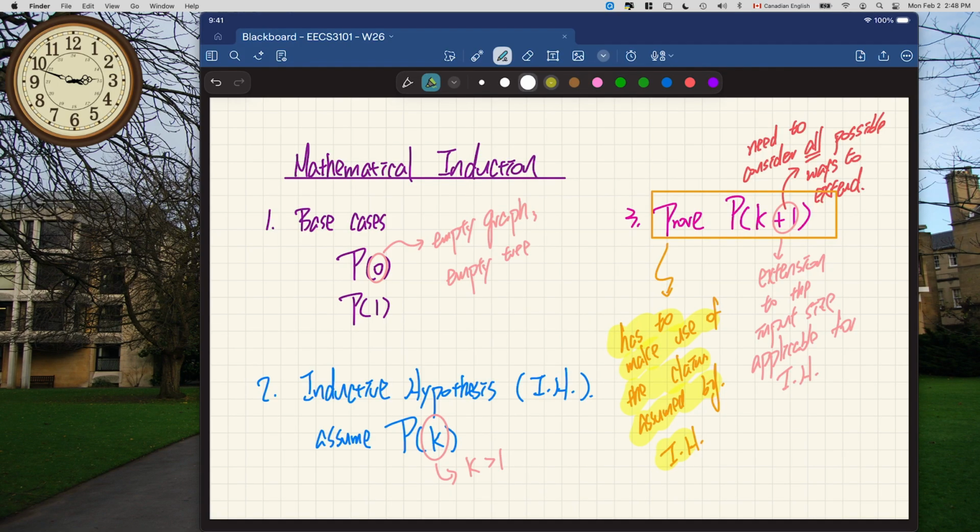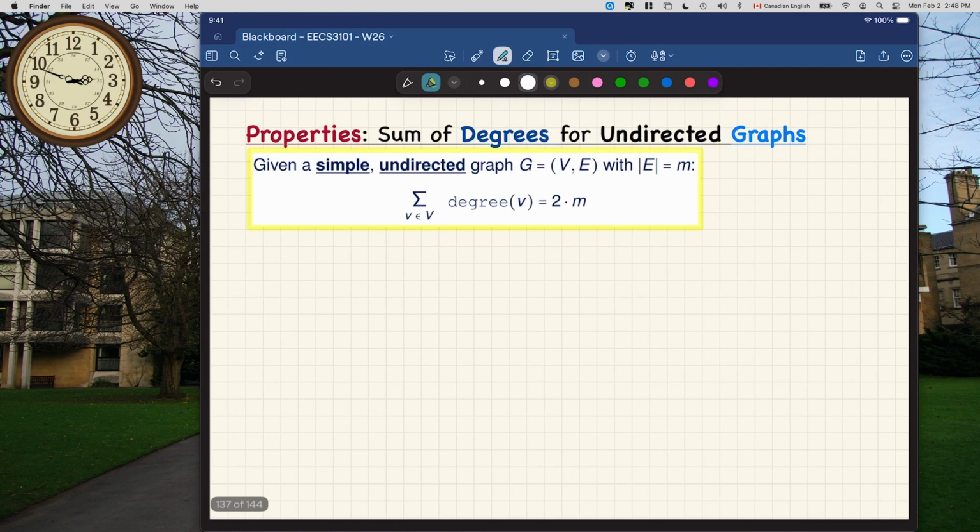3 steps. Okay? All right, having this in mind, let's now take a look at the property that we exemplified last time. But let's now try to prove it. Okay, this one here. So what we have is the graph is simple undirected. So we are saying for every graph that is both simple and undirected, the following property should hold. That's what we're saying.